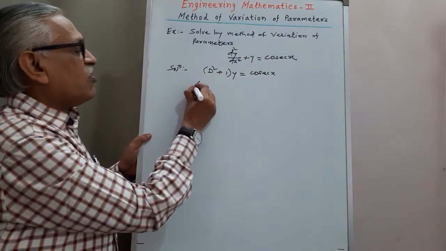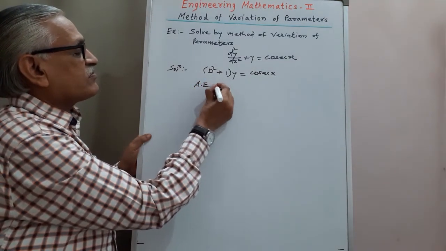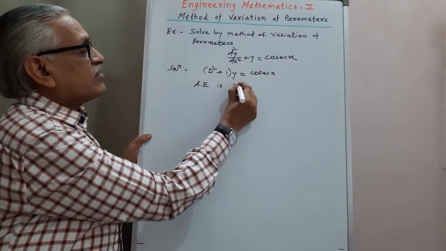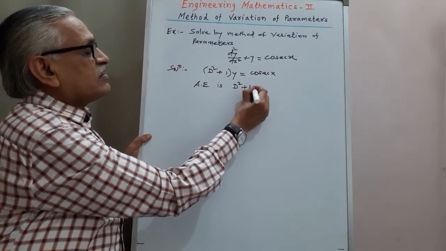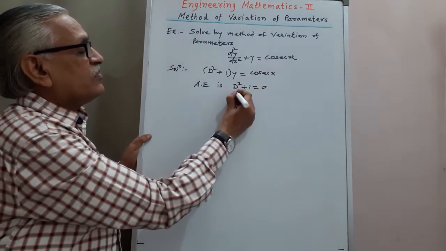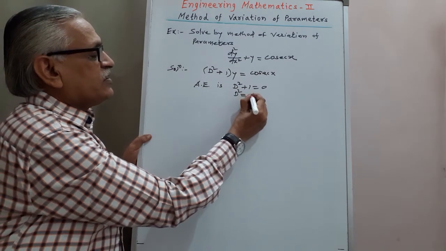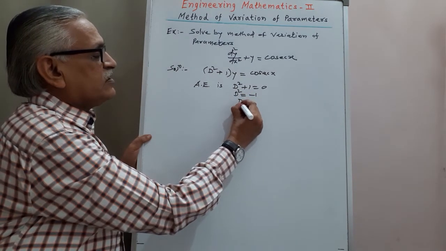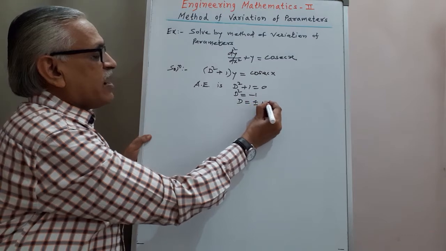Then the auxiliary equation is D square plus 1 equals 0. Solving it for D, we get D square equals minus 1, D equals plus minus i.